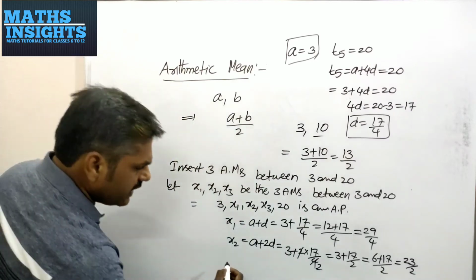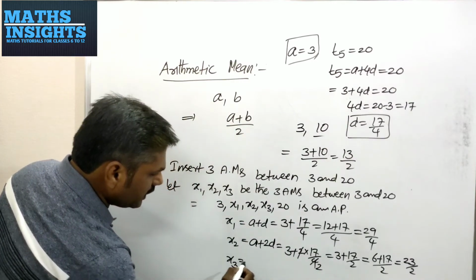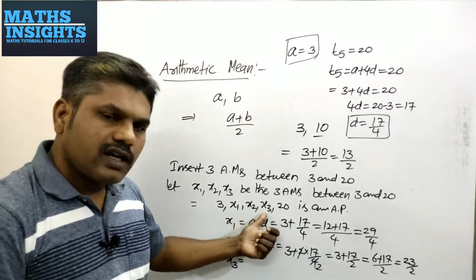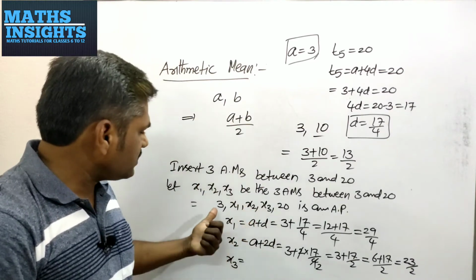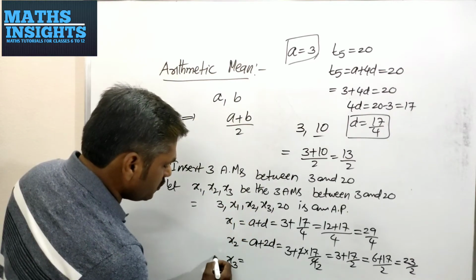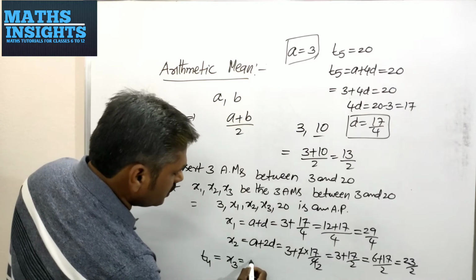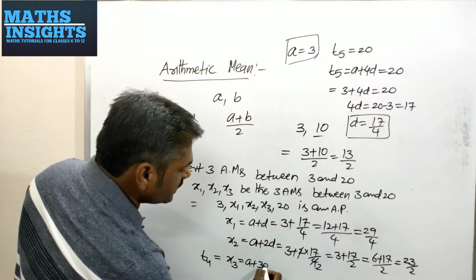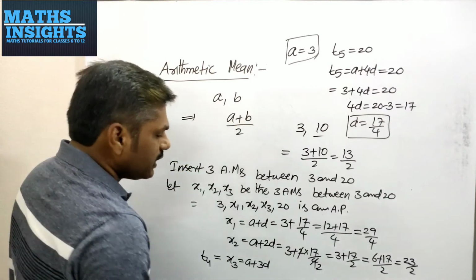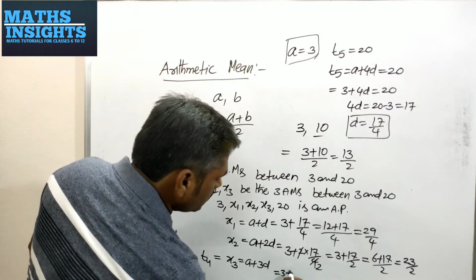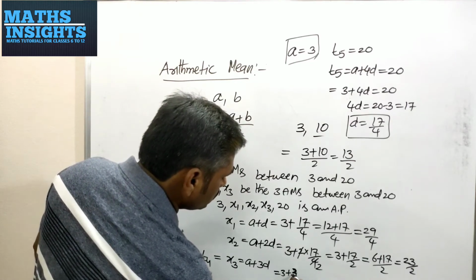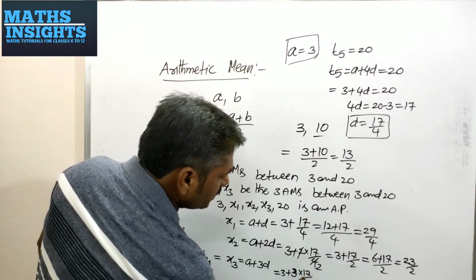Next and last one is x3. x3 in the progression is the fourth term, that is t4. t4 means a plus 3d. Okay, a plus 3d is equal to 3 plus 3 into 17 by 4.